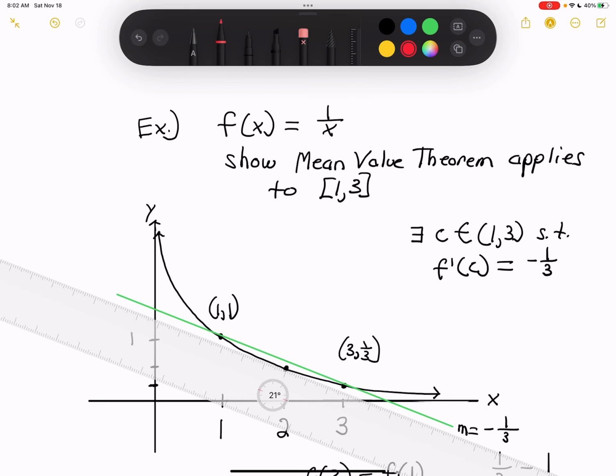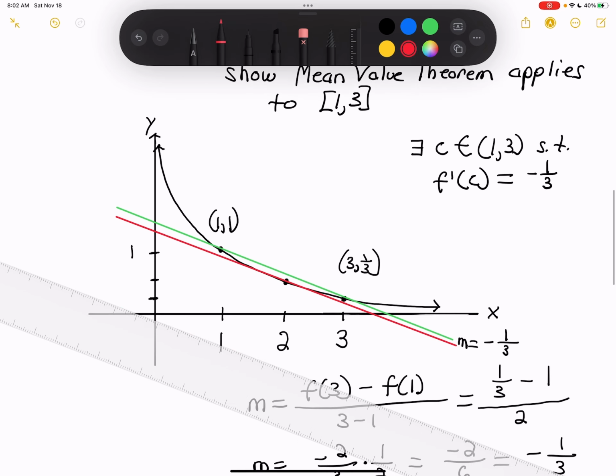So it looks like if I drew a tangent line on the function in between the interval from 1 to 3, because I know the c must exist between 1 and 3, it looks to be maybe about right there. Yeah. So let's draw that line. Okay. So it looks like it's going to be around x equals 2 about. And that makes sense. 2 is between 1 and 3.